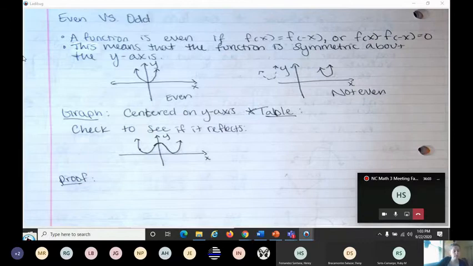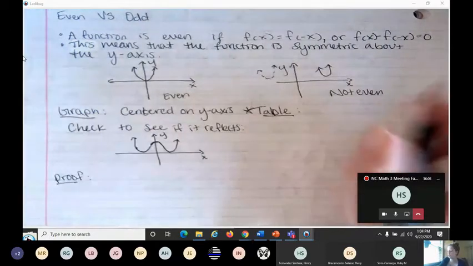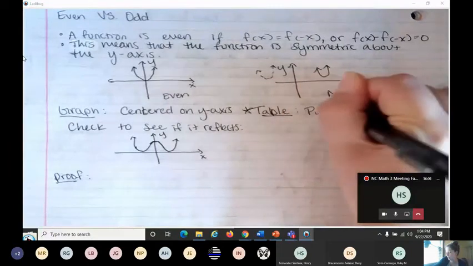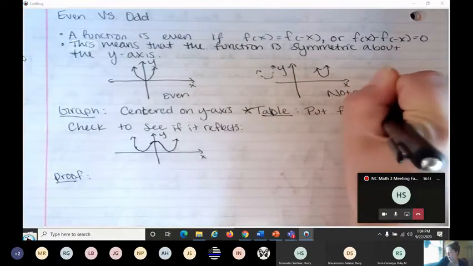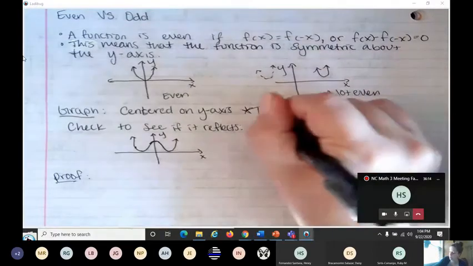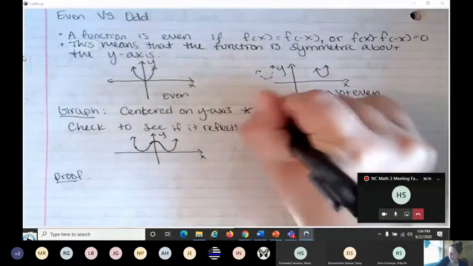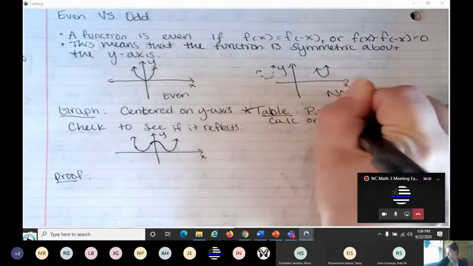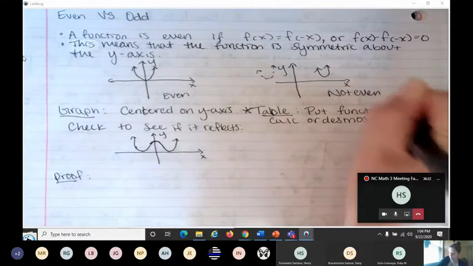The table is honestly probably the easiest way. So you can put your function in your graphing calculator or Desmos, and look at your table.